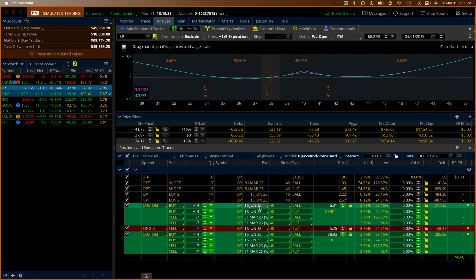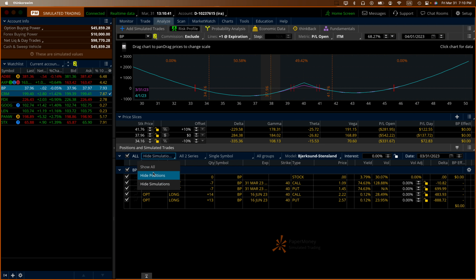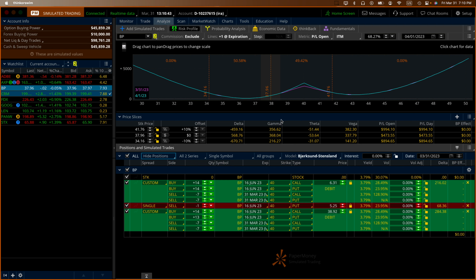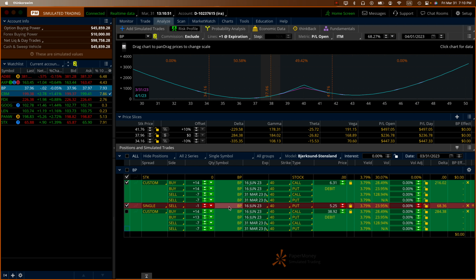Okay, so the combination of these two trades, let me just hide that position, hide that simulation, so I end up with a simulation. The combination of these two, meaning the original trades minus the put that I sold, gives me a P&L of $243.73 or thereabouts.